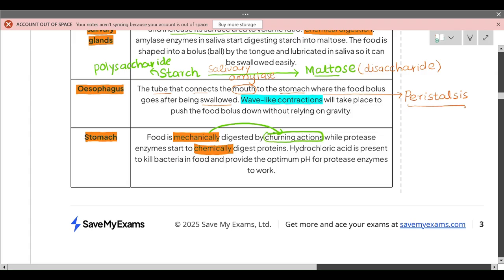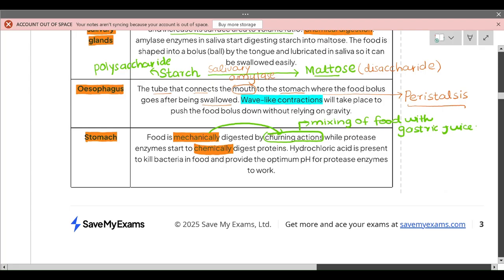This not only results in mechanical digestion, it also helps in the mixing of food with the secretions of the stomach, the gastric juice.